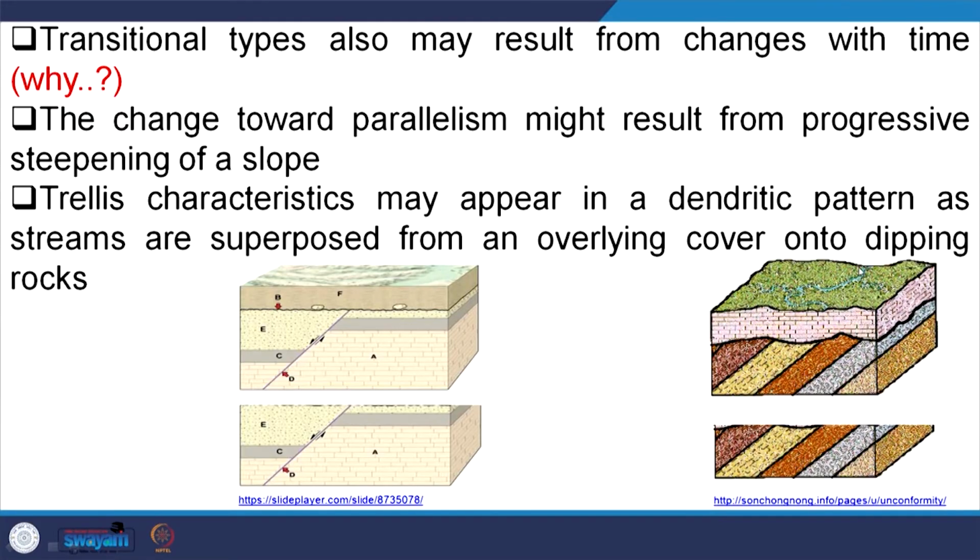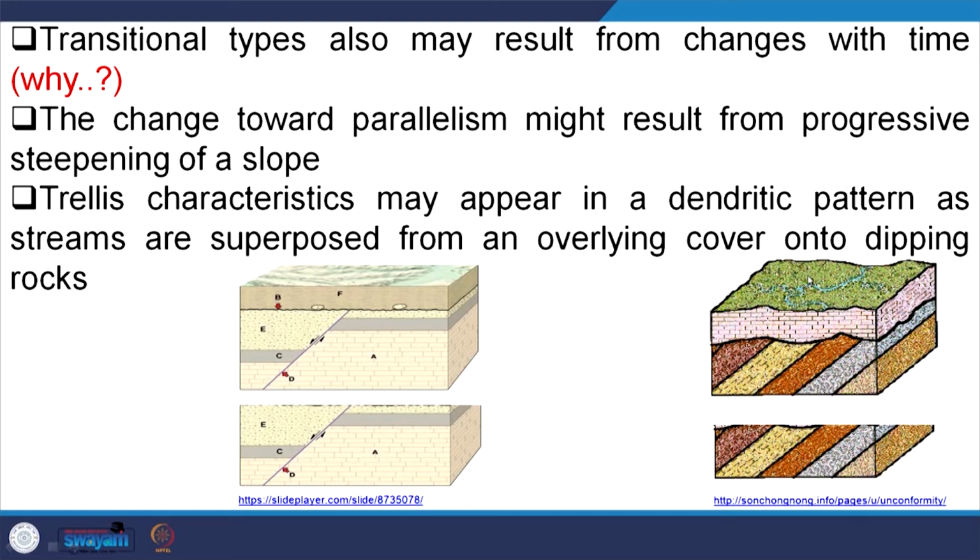Similarly, trellis characteristics may appear in a dendritic pattern as streams are superposed from an overlying cover onto the dipping rocks. Here you see dipping rocks of different rock types, and if their expression is seen at the surface, parallel drainage patterns will be developed.